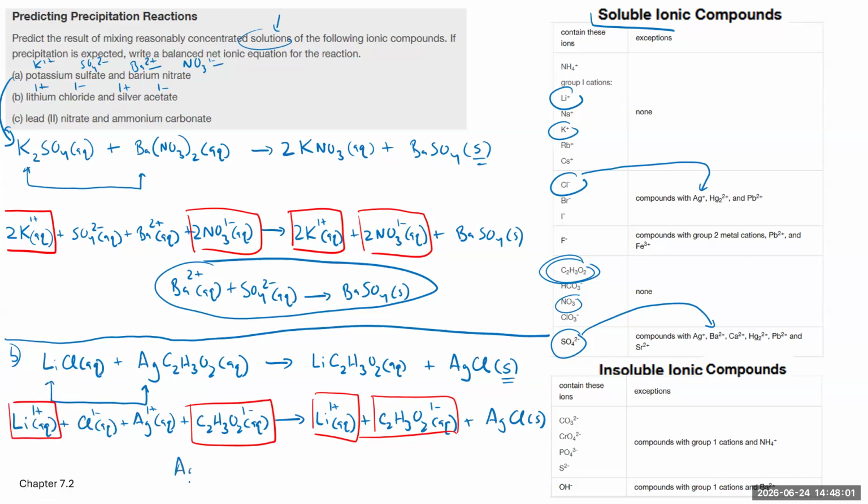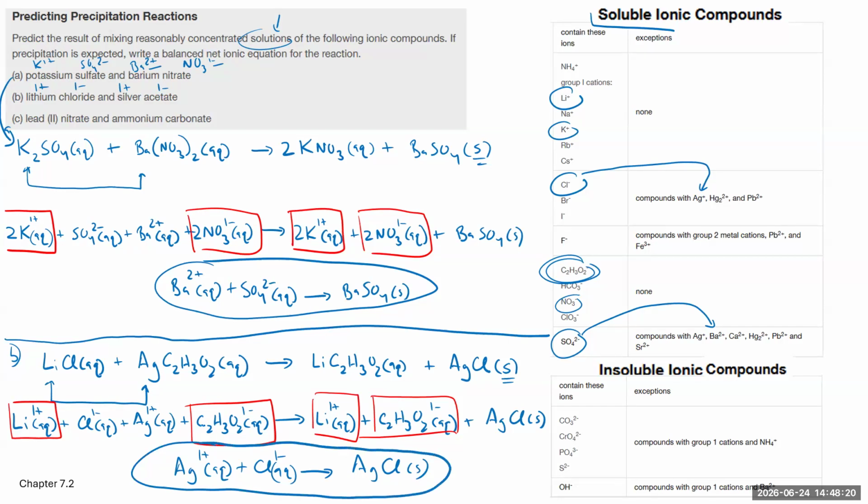So it's just going to be Ag 1 plus aqueous, plus Cl 1 minus aqueous, makes silver chloride solid. So again, this is the net ionic equation. You can see it's a lot less stuff going on because it's just the ions that are doing something.